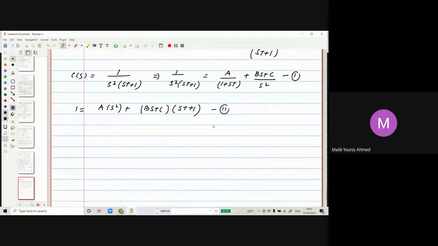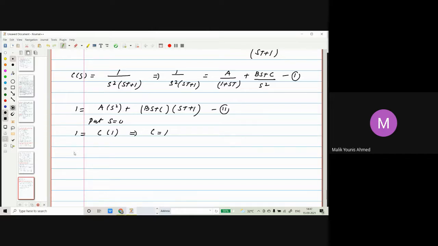Now substitute S equal to 0 in equation number 2. So 1 will be equal to C, the other terms become 0, so the value of C we have got is 1. Now we will be equating the coefficients.